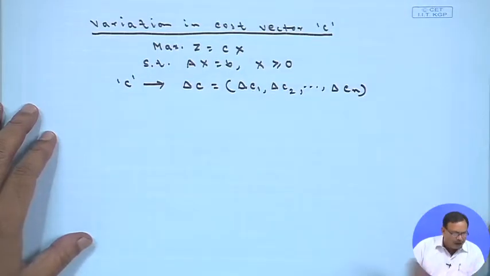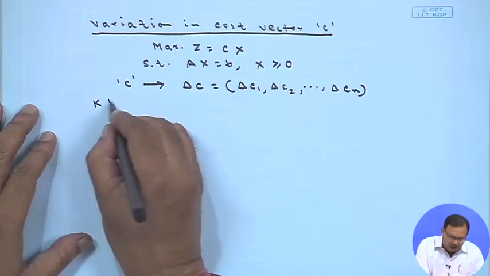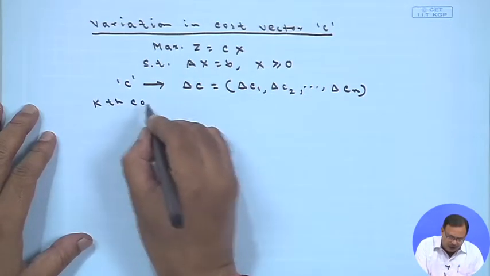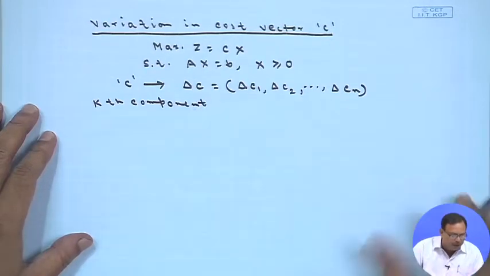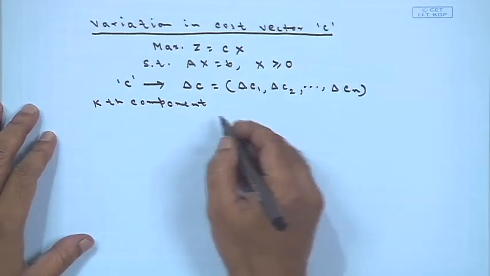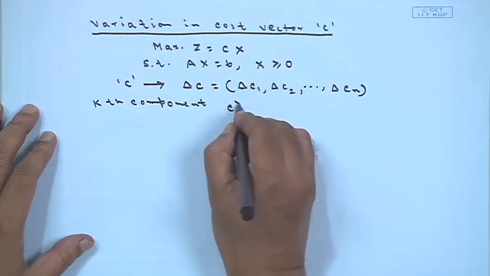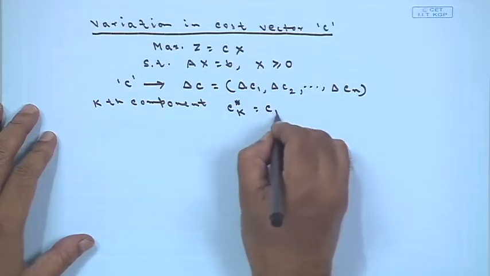Let us take only one component, the kth component. The kth component of the modified cost vector, I denote it Ck star.